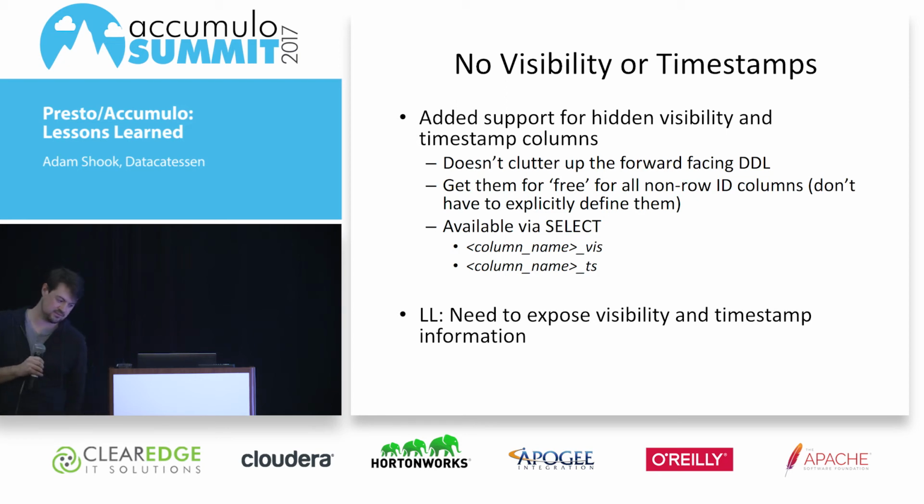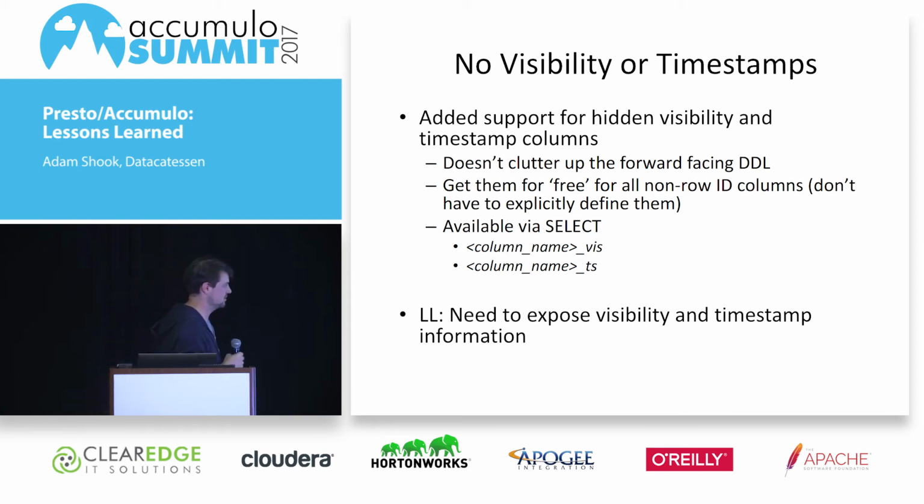The downside that we're seeing now is there's no way to write visibility and timestamp information through SQL, so we kind of have to deal with that. Presto literally filters out all hidden columns when you try to do an insert. So if you said insert username_vis and username_ts, it will just reject it and say, I don't know what this column is.